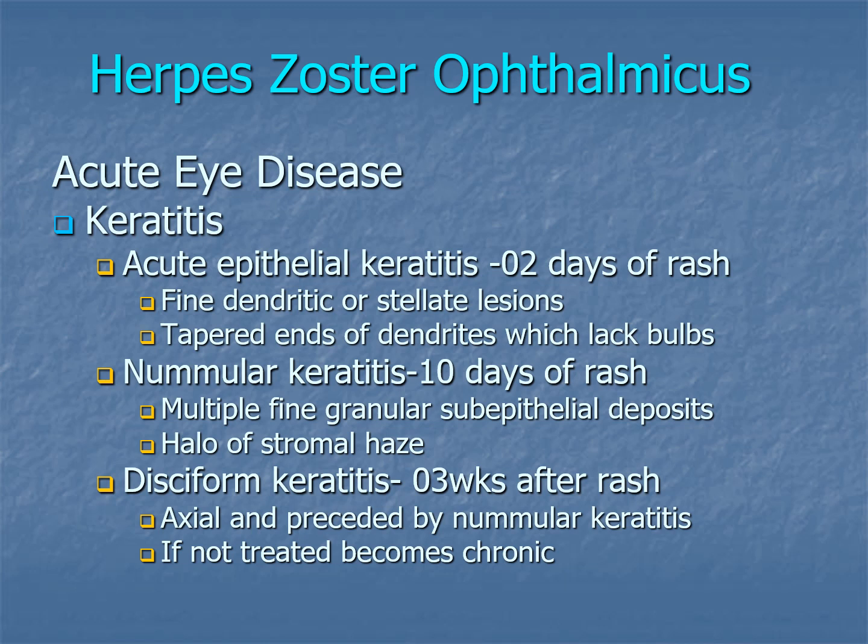So initially there is nummular keratitis, and if it is not treated in time, it may convert into a chronic phase. In this picture, you can appreciate the nummular keratitis, the subepithelial involvement of the superficial substantia propria, causing the subepithelial haze.